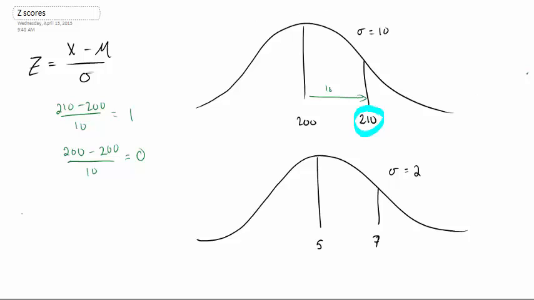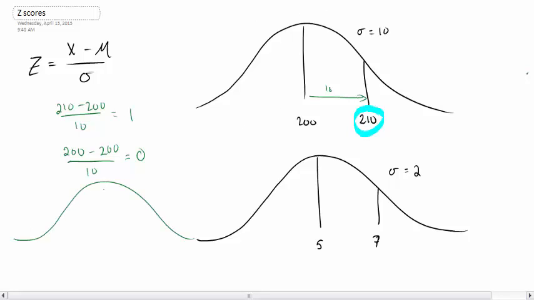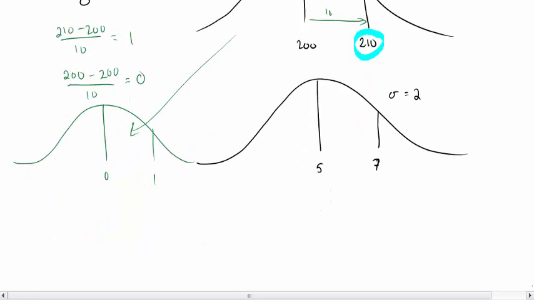So this bell curve here, mean is 0, and I converted the 200 to a 1. What if I convert this bell curve to z-scores also? Well, 5 is going to become 0, and 7 minus 5 divided by 2, that's 1.